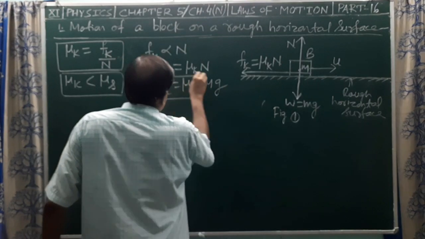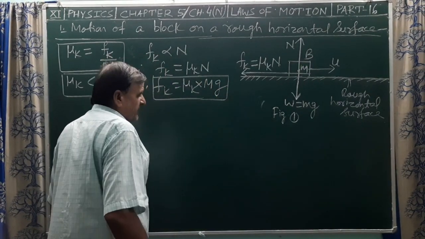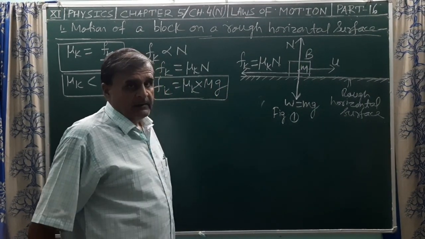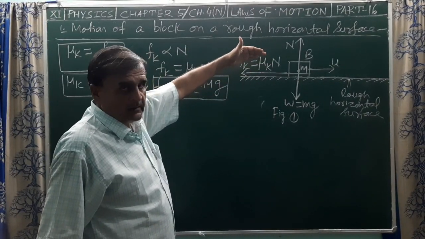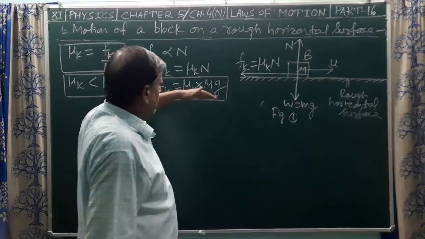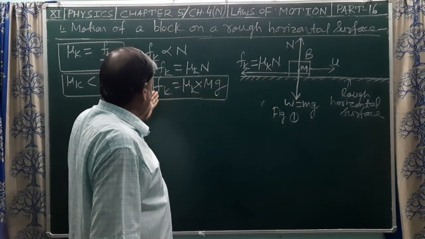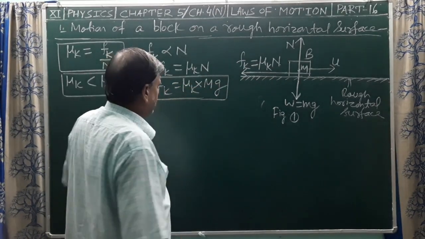This is the friction force acting between two contact surfaces, that is, when a block of mass small m moves with velocity u over a rough horizontal surface, then the frictional force coming into play is Fk equal to mu k into mg.